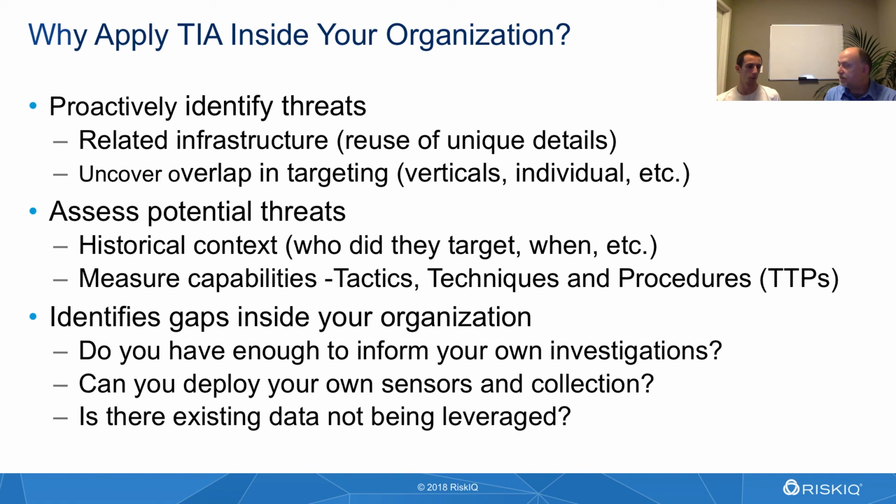And what we're looking for when we're dealing with attackers is something called TTPs, tactics, techniques, and procedures that they may be employing for their attack. To give an example of assessing a threat, a less sophisticated actor may choose to register a domain with their personal email address and their phone number, and they're not going to privacy protect that information, and they're going to continue to use the same IP address over and over again to conduct their attack.